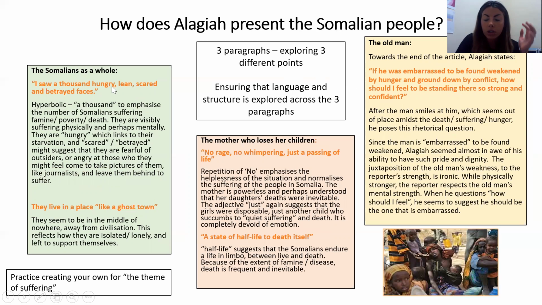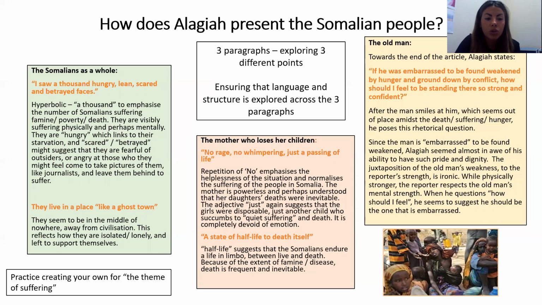So the Somalians as a whole, he describes initially as, "I saw 1,000 hungry, lean, scared, and betrayed faces." So we've got this hyperbole of 1,000 to emphasize the number of Somalians suffering from famine, poverty, and death. They are visibly suffering, not only physically, but perhaps mentally as well.